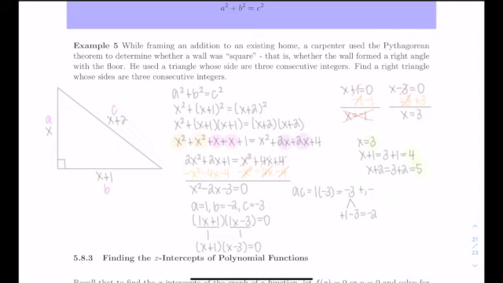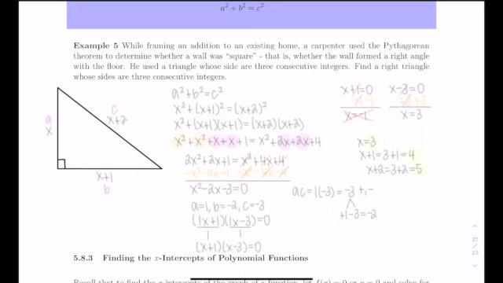Let's go ahead and draw a picture to help us solve this. We know that we're using a right triangle. And we don't know any of the sides, but we know that they are 3 consecutive integers.